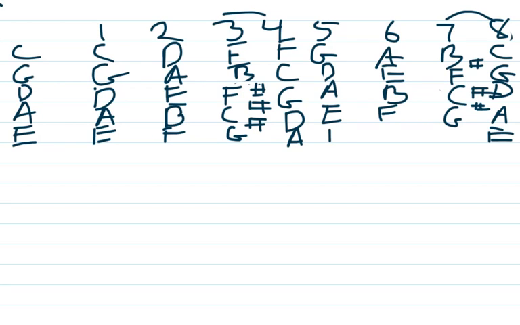F, G sharp, A, B, C, D sharp, you notice. D sharp. There's a half step between there. Next up on the circle, fifth is B. Now B has a lot of sharps.